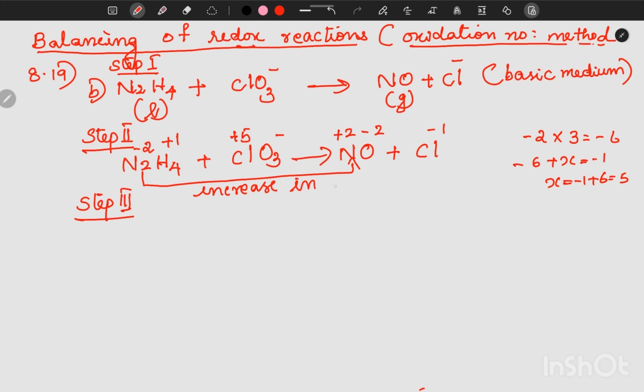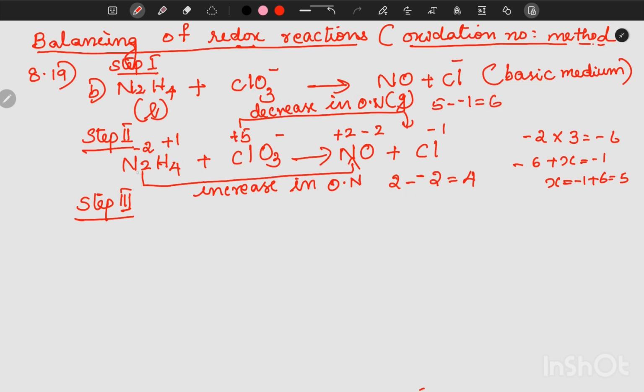Increase in oxidation number is oxidation, and for one atom the oxidation state changes from -2 to +2. That means 2 minus minus 2, a change of +4. For one chlorine atom, the oxidation state changes from +5 to -1. So we can see a decrease in oxidation number, and that is 5 minus minus 1, which is equal to 6.